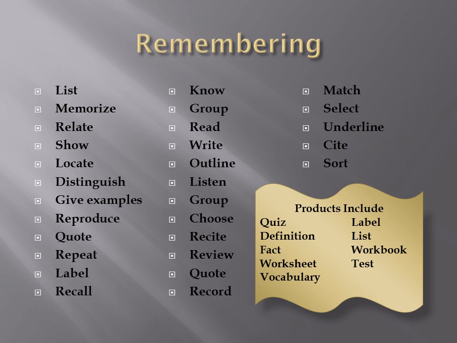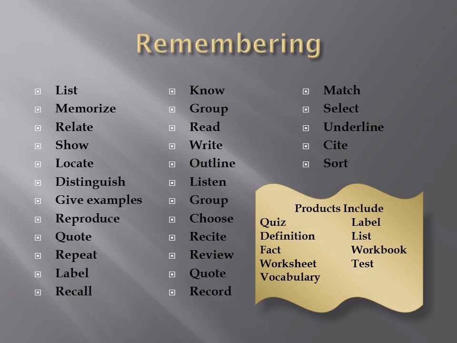On this next slide, you can see what you might have the students doing. You might have them locating information on a map or in a book. You may have them repeating information or working in a group to locate information. Outlining would be considered remembering as you go through this process.